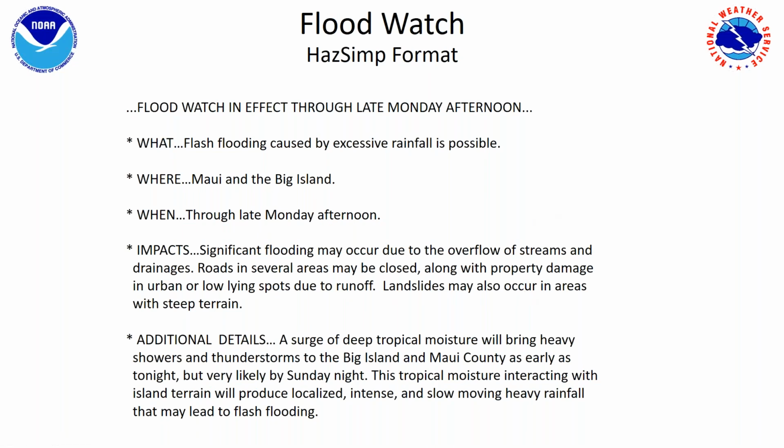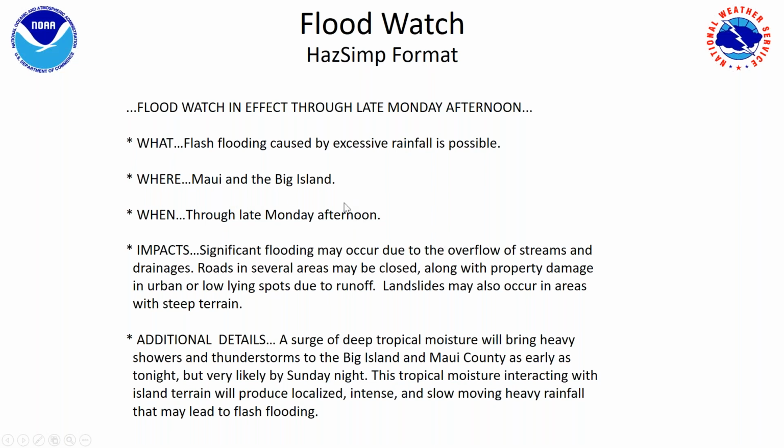So this is what the new HASM format looks like. Again, at the top, your leading statement. Again, the what: flash flooding caused by excessive rainfall is possible. This is a Hawaii example, obviously, but we issue it for entire islands.